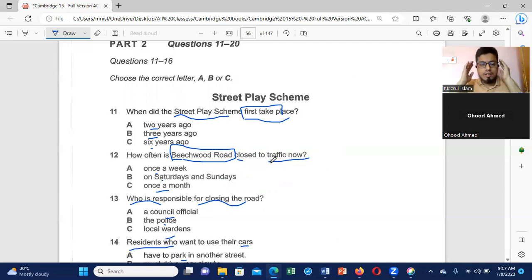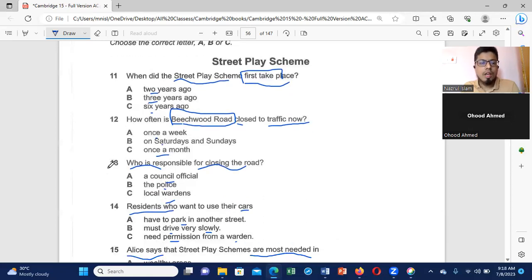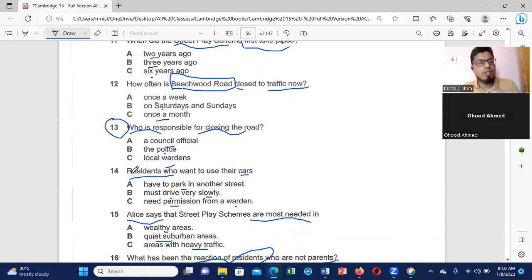As soon as the audio is played, don't give your concentration to any other place. If you miss one question, don't panic, but please don't lose the sequence. For example, if you miss question number 13, don't panic. Go directly to 14, 15, and so on.